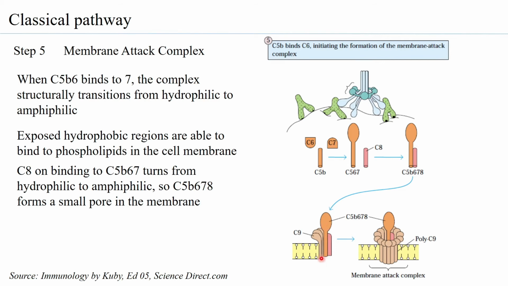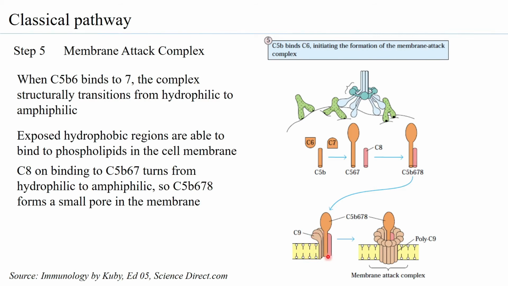So you can see how the C5678 complex, because of its amphiphilicity, is now able to enter the membrane of the particulate matter or the cell per se. But there is a second thing that happens, and that is that the C5b678 complex is also a nucleation center for the next complement component, and that is C9.